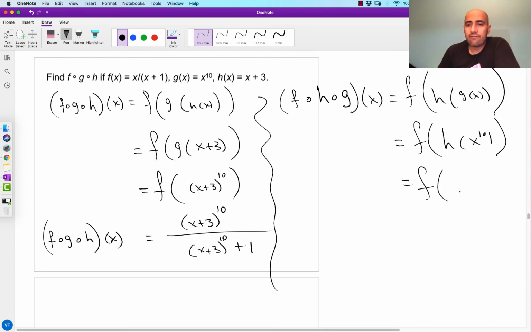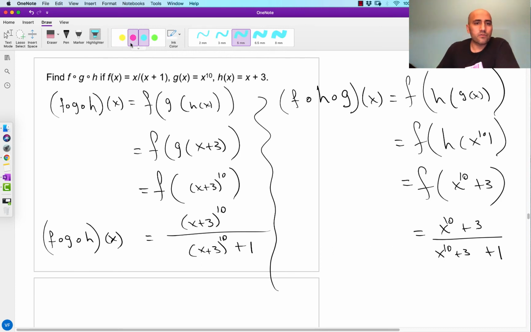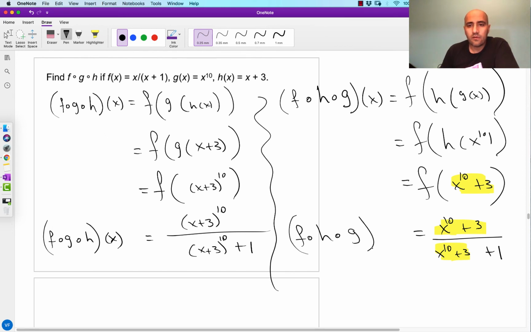So this would become f of x to the 10th power plus 3. And finally, f says take whatever the input is and divide it by the input plus 1. So this would become x to the 10th power plus 3 divided by x to the 10th power plus 3 plus 1. Right, where, just to highlight this, this is the input of the f function. So it's got to be the input over the input plus 1. So that would be f composed with h composed with g evaluated at x.